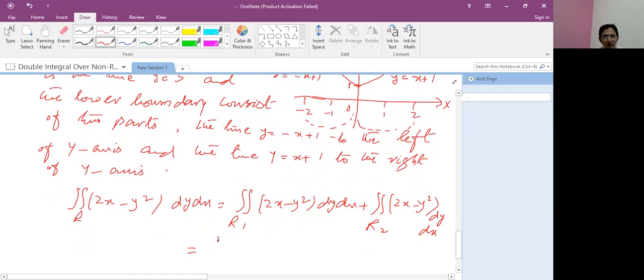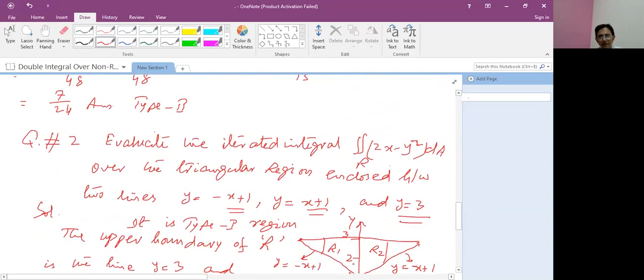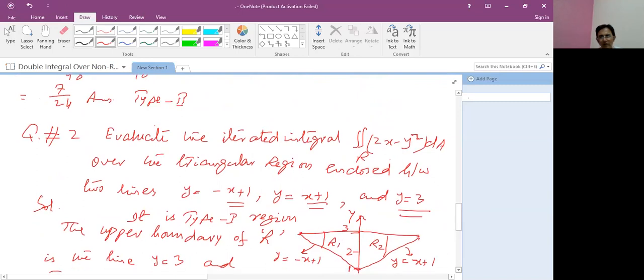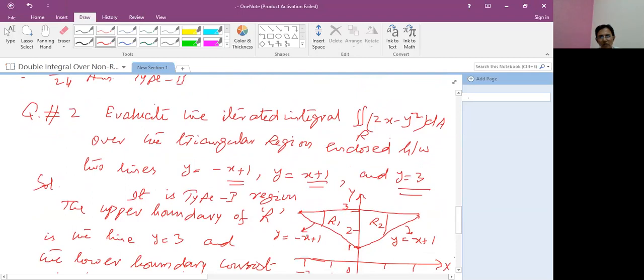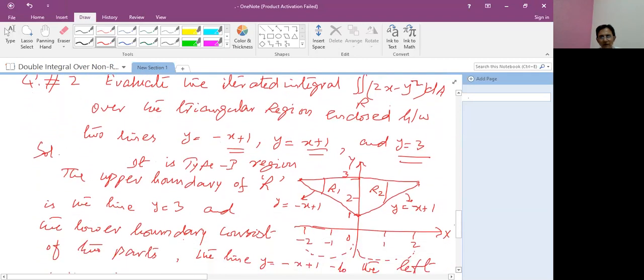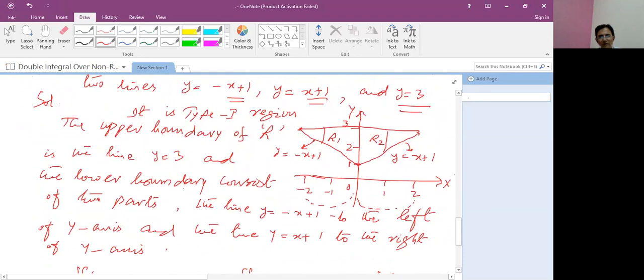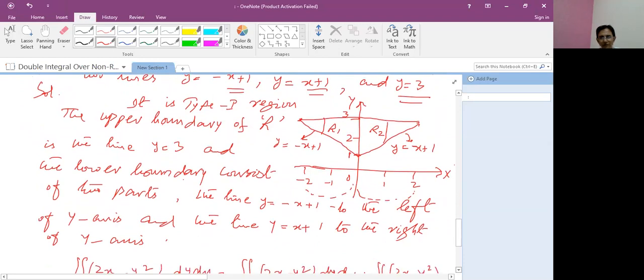So the limit of y is in terms of x, minus x plus 1 to 3. It means if you see the diagram, the lower limit on the left hand side is minus x plus 1 and the upper limit is 3.